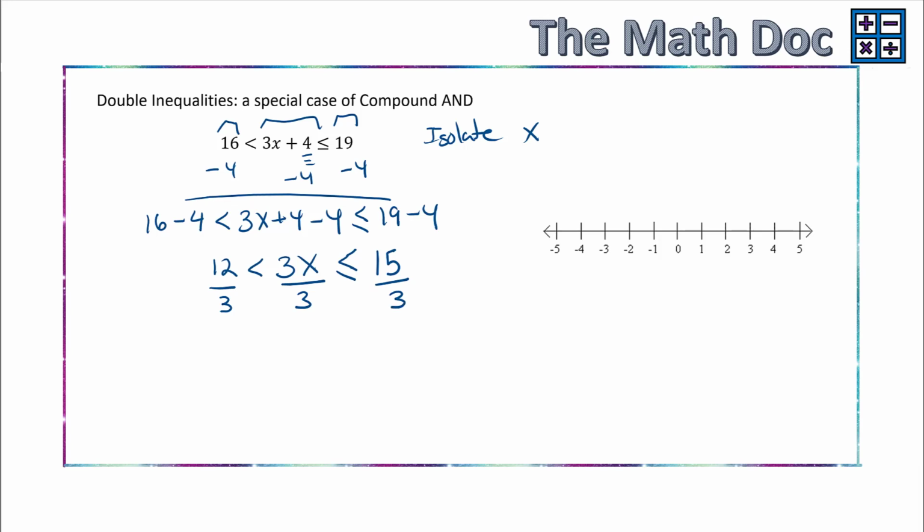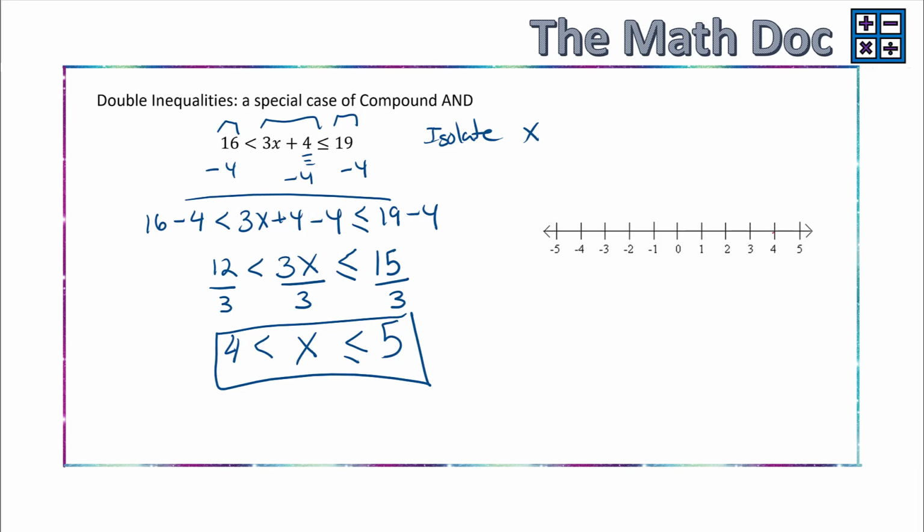Whatever we do to the inequality or double inequality, we have to do it to all sides of the inequality or all expressions in the inequality. So we have here on the left 12 divided by 3, that's just 4, less than 3x divided by 3 is just x, right? The two 3's cancel, less or equal to 15 divided by 3, which is just 5. So we have x is less than 4 or less or equal to 5, and let's put that down on the number line, although it's quite simple.